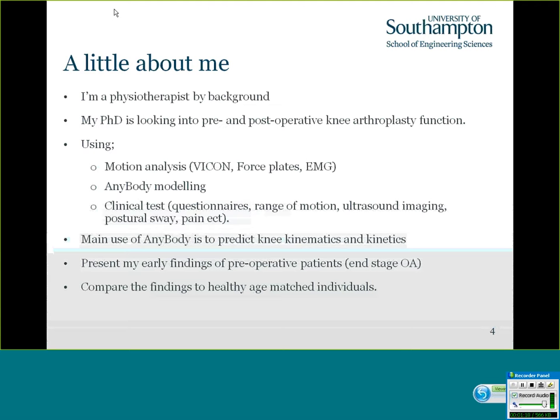These are end-stage knee osteoarthritis patients that have come in normally around 4 weeks before they had a knee arthroplasty. Today I'll compare the findings to those of a healthy age-matched cohort that I used as a control group.